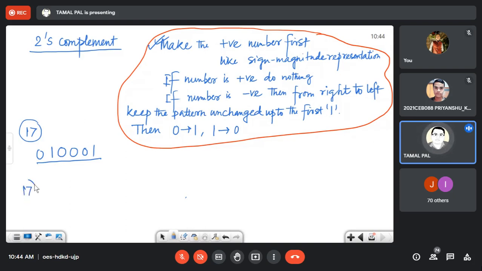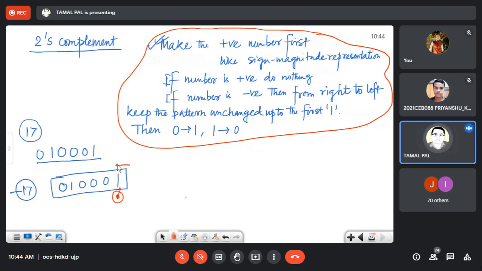If you are supposed to get minus 17, then 0, 1, 0, 0, 0, 1, this is up to the first one from right to left. That means this one, at the beginning you are getting 1.